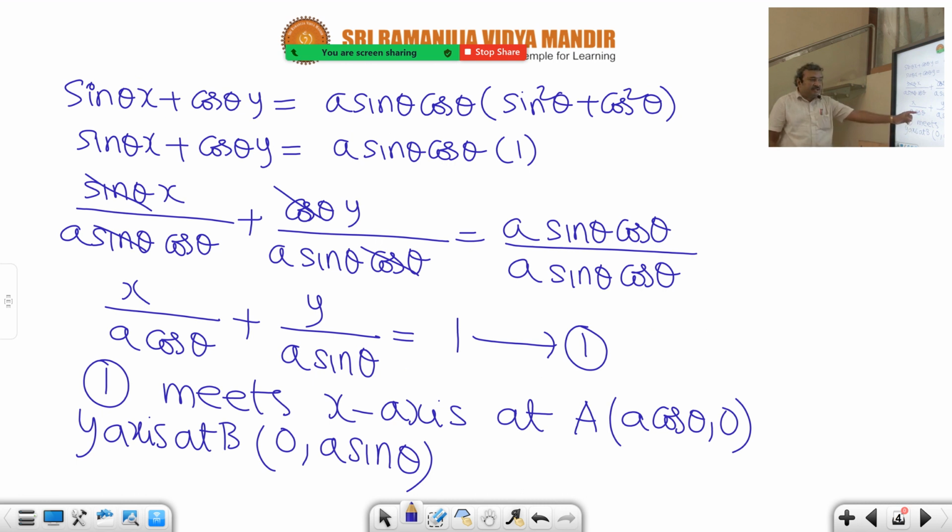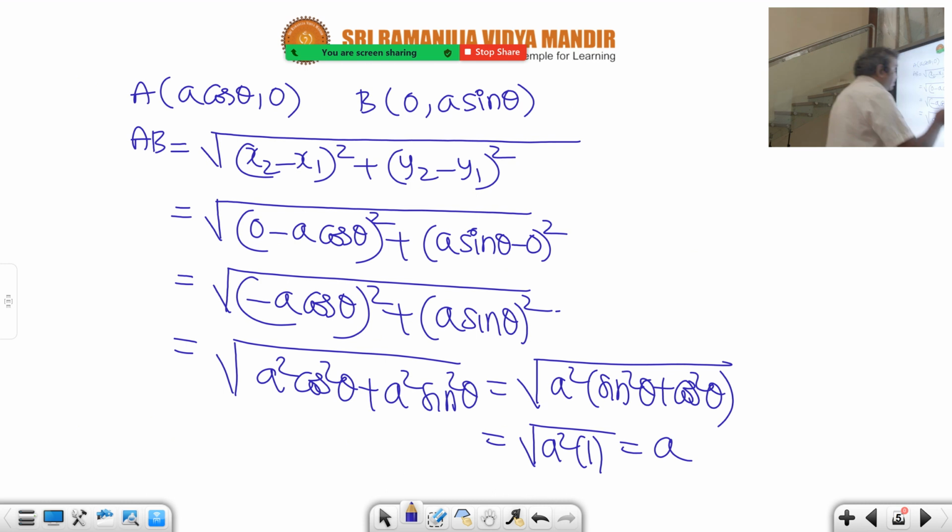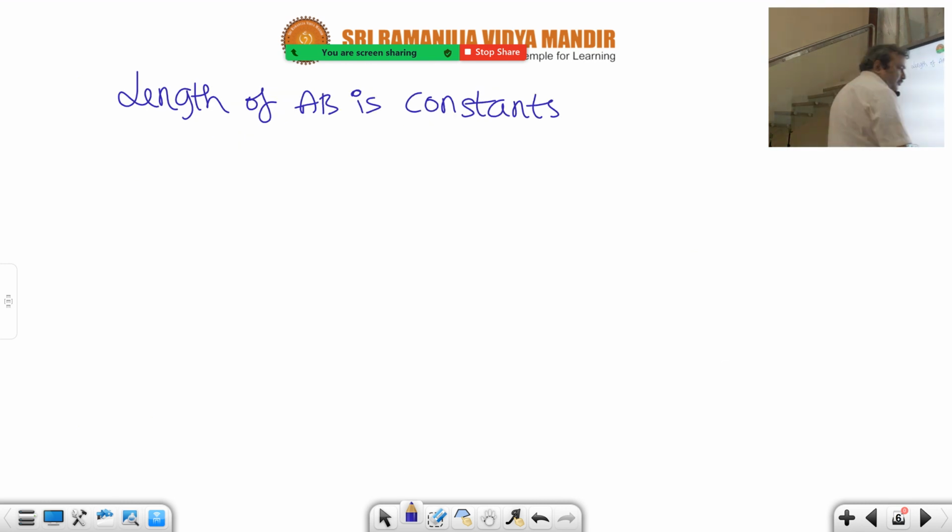This is called intercept form of a straight line. From this, the straight line meets x-axis at this point, y-axis at this point. Right? Now, you have to prove that the length of AB is constant. How? Take the distance between these 2 points, right? And the distance is small a, so it is completed.